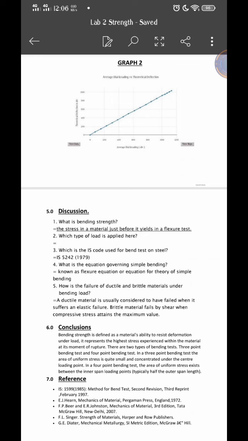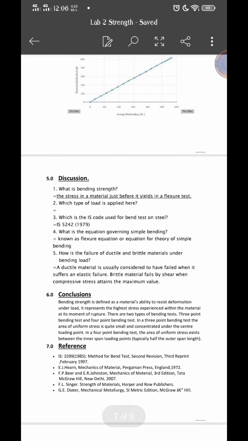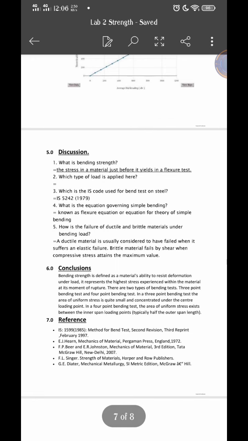IS 5242:1979. 4, what is the equation governing simple bending, known as the flexure equation or equation for theory of simple bending? 5, how is the failure of ductile and brittle material under bending load? A ductile material is usually considered to have failed when it suffers an elastic failure.